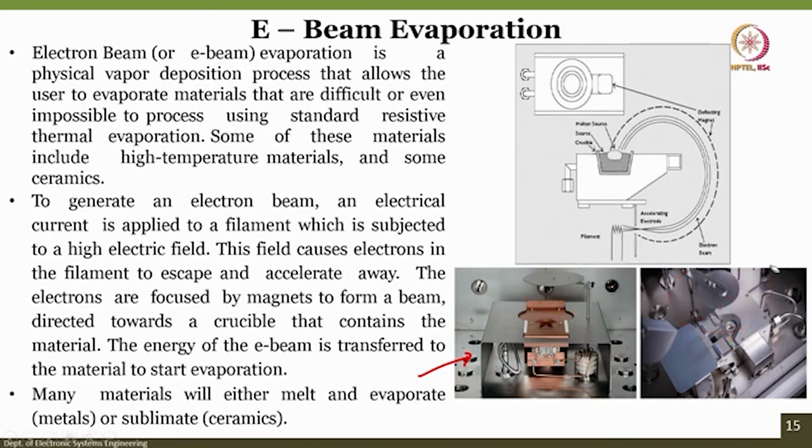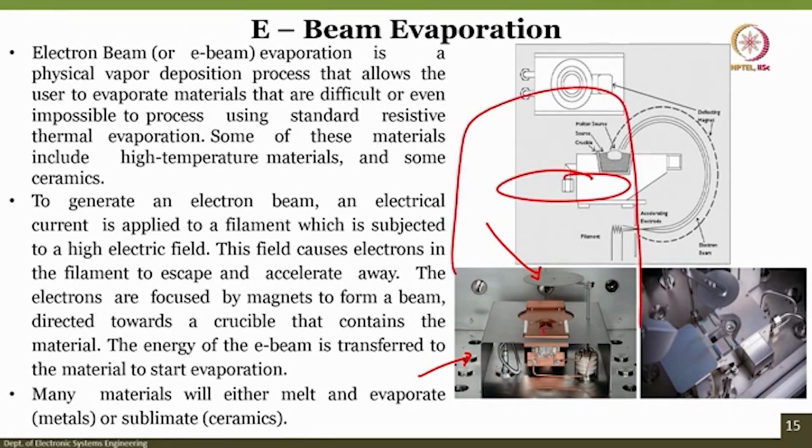This very important plate is a masking plate that will not allow the material to get deposited, because the substrate is somewhere here. If I just have a bigger chamber, the material gets deposited, but it cannot pass through this. Only when you remove this plate from the path will the material start depositing onto the substrate.